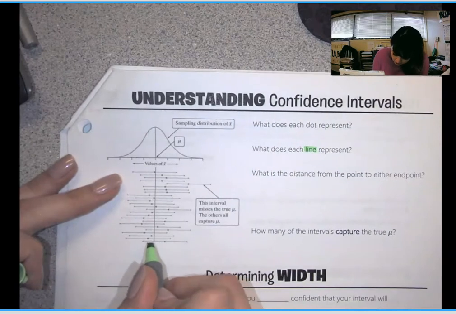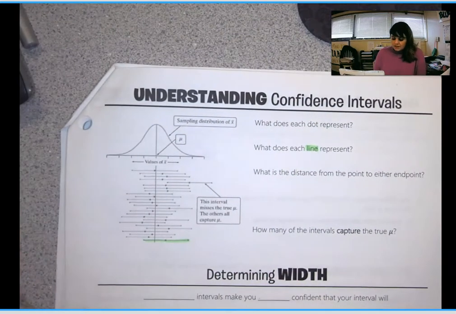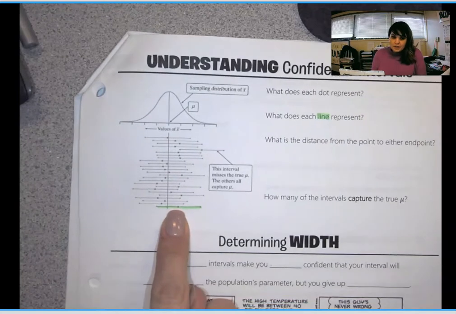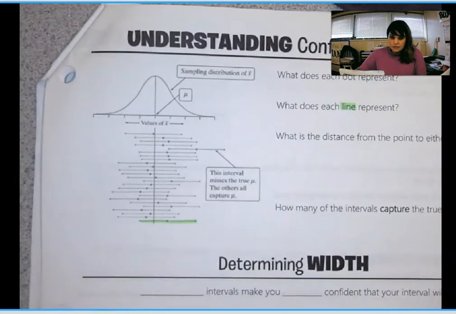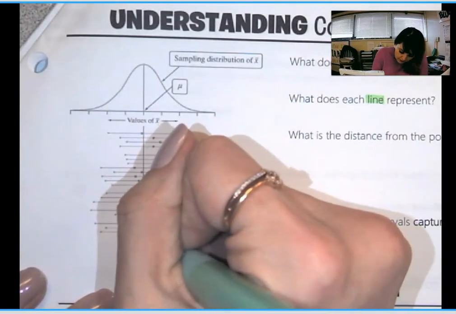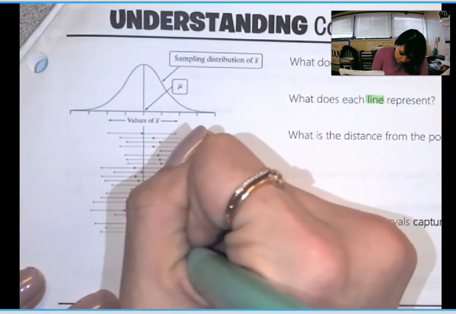Let's look at this bottom one, because it's the easiest one for me to highlight and write on. This bottom one is one confidence interval, and let's say it was our confidence interval. This is 2505.